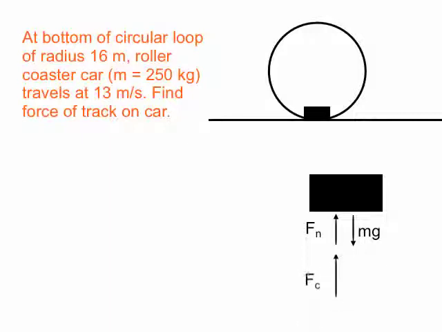Well, what's going on? You've got a centripetal force and you have the normal force counteracting the weight of the car, or mg. So the force of the track is the normal force plus the centripetal force.